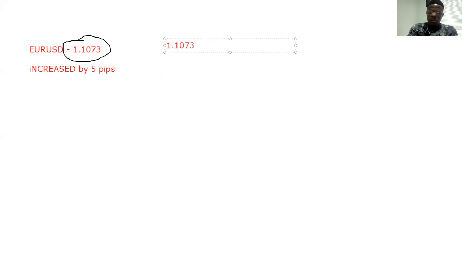The new value is going to be 1.1073 plus 5, right? And remember I said you calculate PIP from the fourth decimal place, and from our basic mathematics we know that the fourth decimal place is 1, 2, 3, right? So the fourth decimal place would be 3 here. So you calculate pips from the what? From the fourth decimal place.